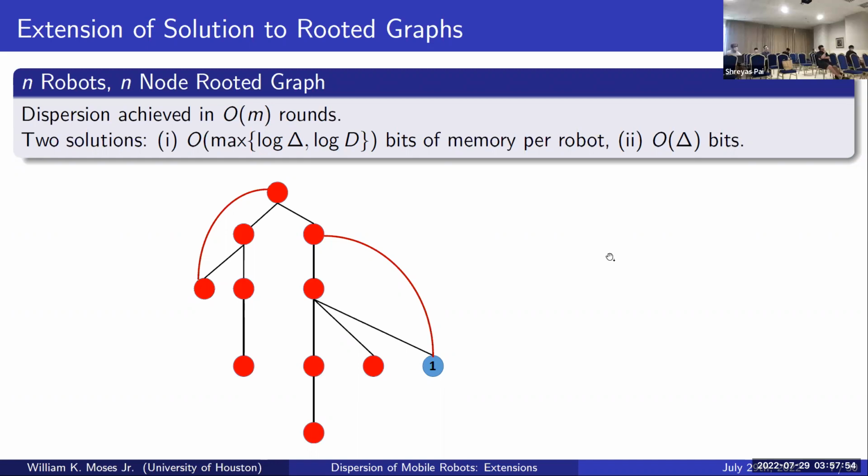Another approach to remember these back edges is that each robot just maintains delta bits of memory, just 1 bit per edge. The edges that are forward edges, it stores those as 1. And the edges which are back edges, it stores those bits as 0. Simple enough.